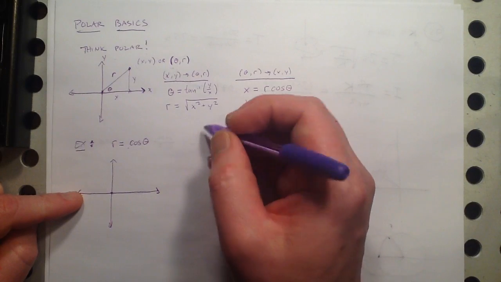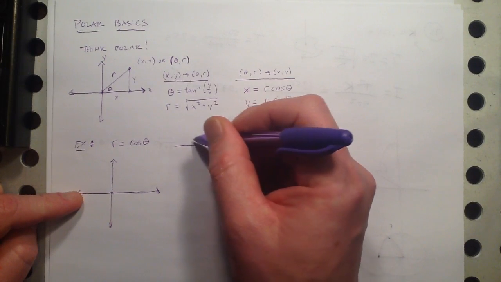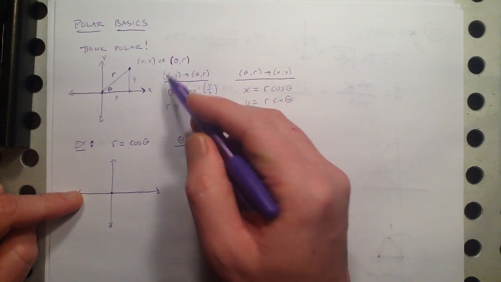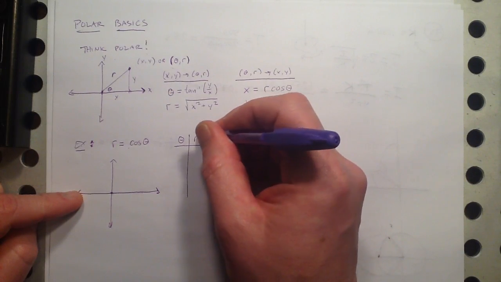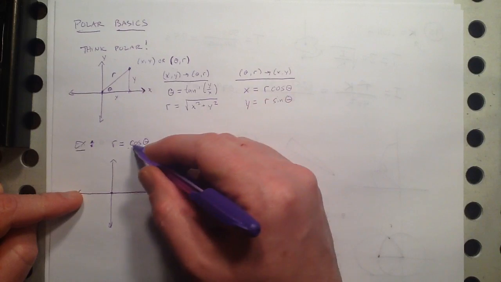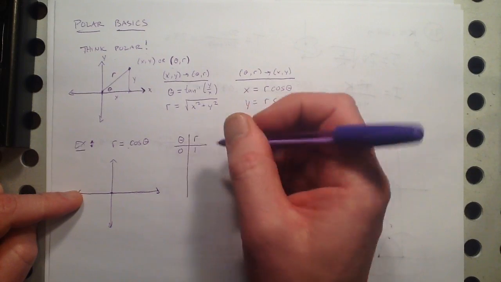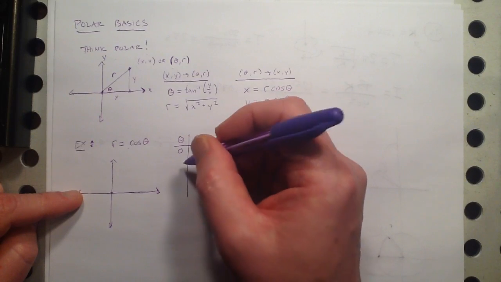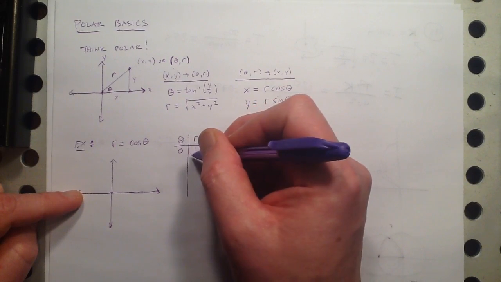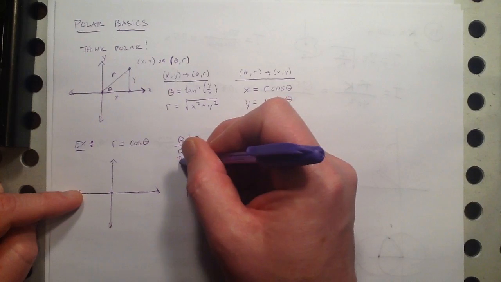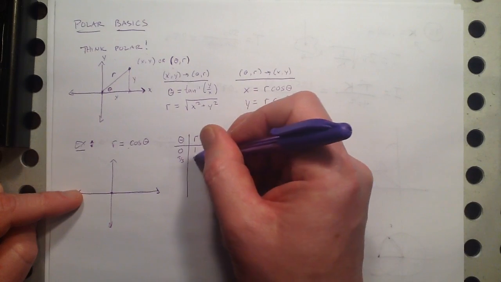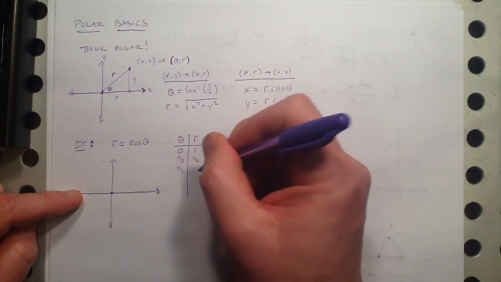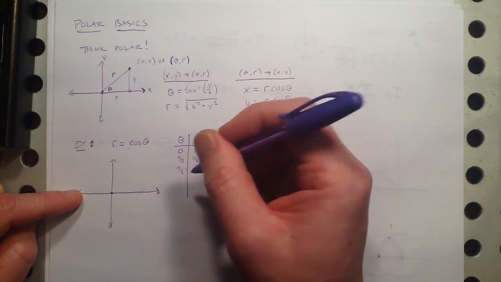We could imagine here, I'll just do a quick table. I'm not going to do too many values. But just like we would make an xy table, I'm going to make a theta r table. So when I plug in 0, cosine of 0 is 1. How about when I plug in pi over 3? That's a nice one for the cosine function. Then the r is 1/2. When I plug in pi over 2, the r is down to 0.